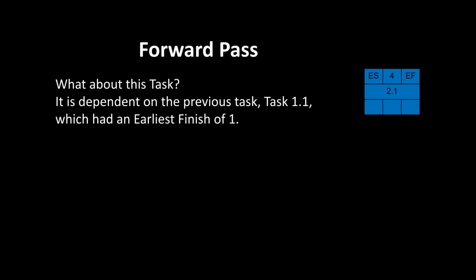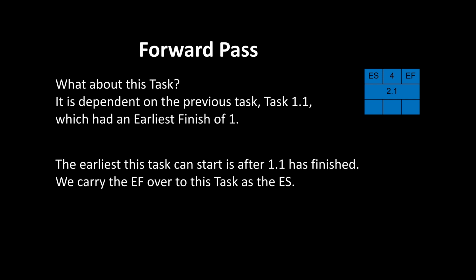So what about our next task? This is a blue one. This is dependent on the previous task. The previous task, the earliest it could possibly finish was after 1 day. So when is the earliest this task can start? It's dependent on the previous task. Well, the earliest that could finish was after 1.